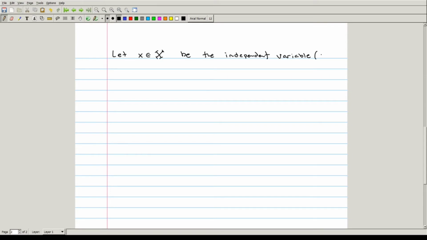We're going to put here an (s) in parentheses, because if x is a vector, it could be a set of variables. And I'll say that y is an element of some set Y, which we call the dependent variables.